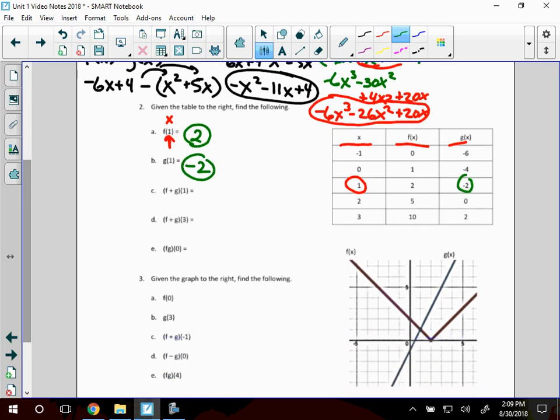In part C, I'm going to add the functions together at an x value of 1. So again, I can think of this as f of 1 plus g of 1. In the previous problem, I already found out f of 1 was 2, and g of 1 was negative 2. And if I add those together, I get 0 as my final answer.